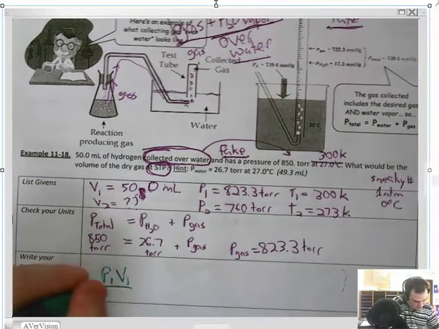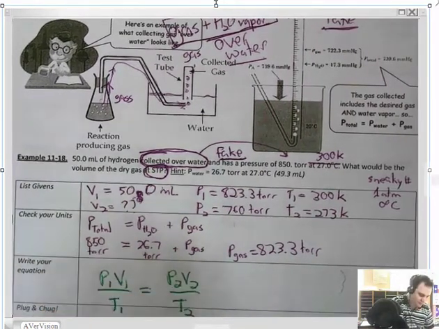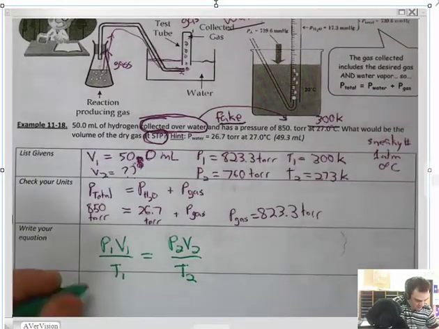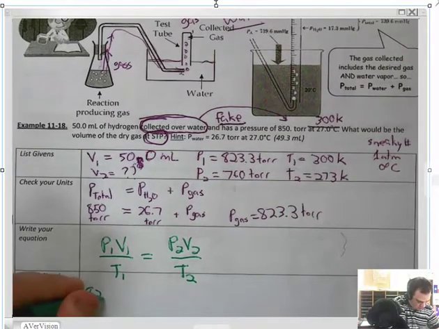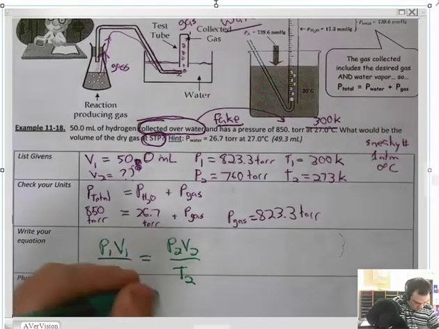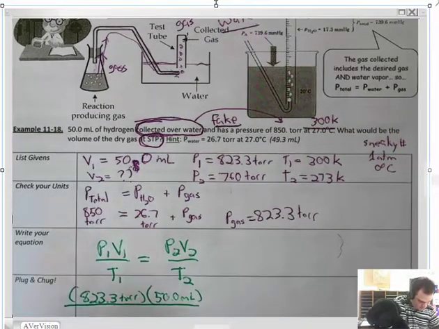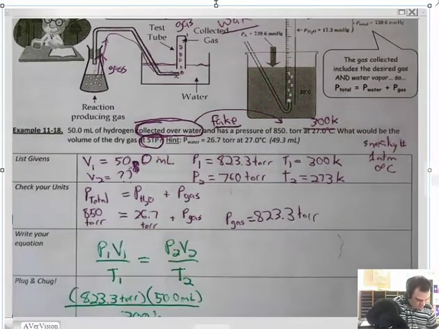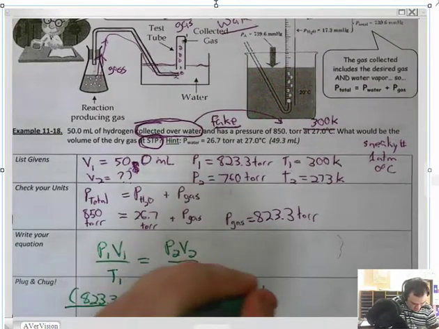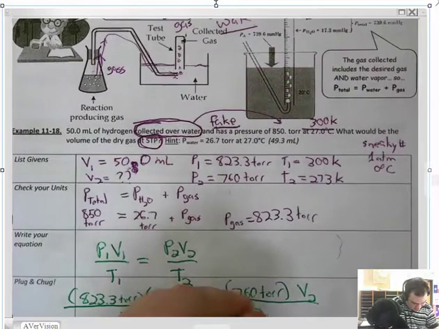P1 V1 over T1 equals P2 V2 over T2. Then we substitute in our numbers here: 823.3 torr times 50 milliliters over 300 Kelvin equals 760 torr times V2 over 273 Kelvin.